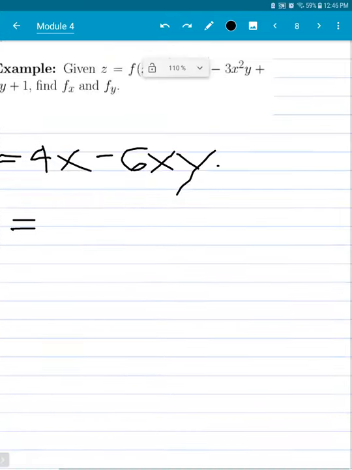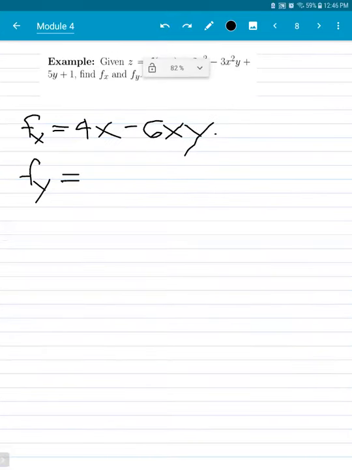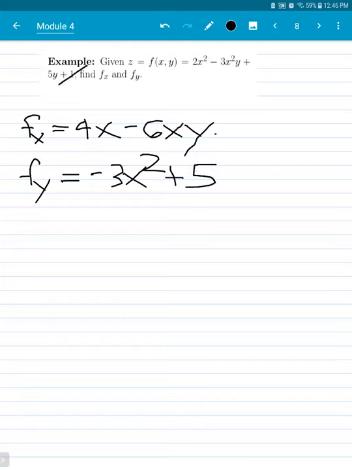So we have minus 3x squared. Derivative of 5y with respect to y, 5. Derivative of 1 is 0. So those are the partial derivatives of the function with respect to x and with respect to y.